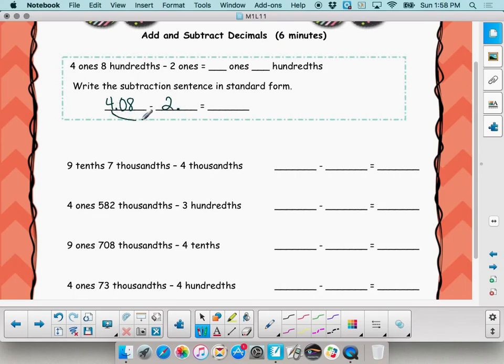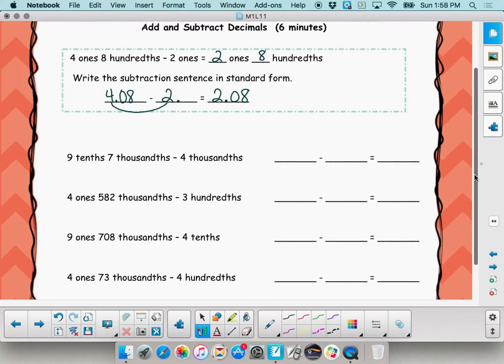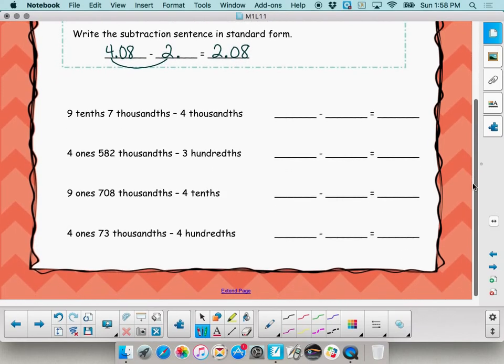So 4 minus 2 is how many ones? 2. And how many hundredths do we still have? 8. So written in standard form, 2 and 8 hundredths. Okay, so this is kind of tricky if you don't write it in standard form to start with.